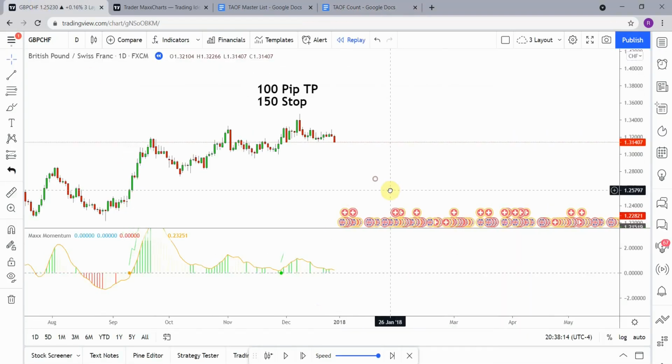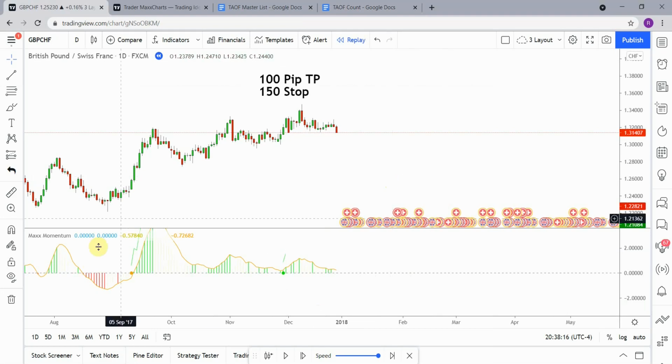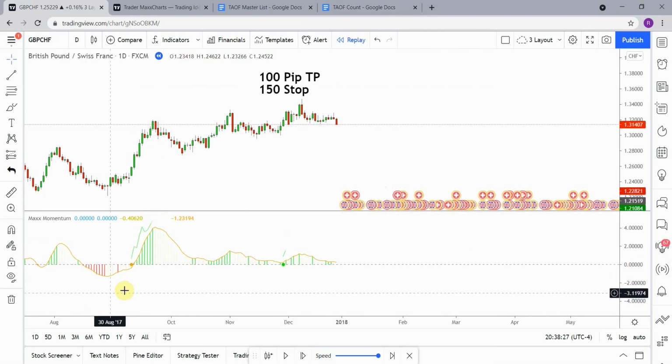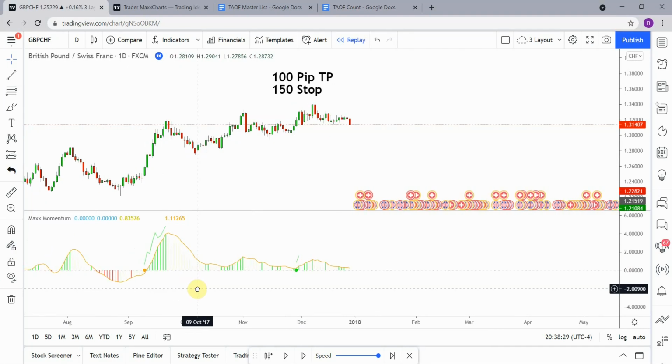Alright, so back to today's indicator. It is the Maxx momentum indicator, and you can see it here on the bottom of the screen. This is based off of the TTM momentum indicator, the TTM indicator in general, it is also called.